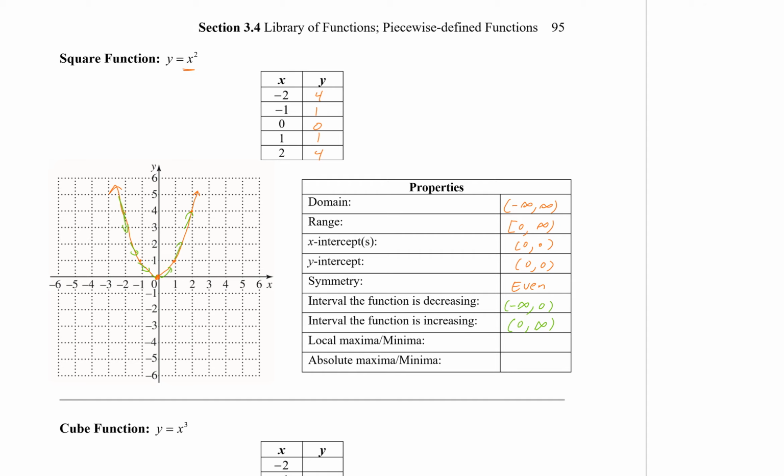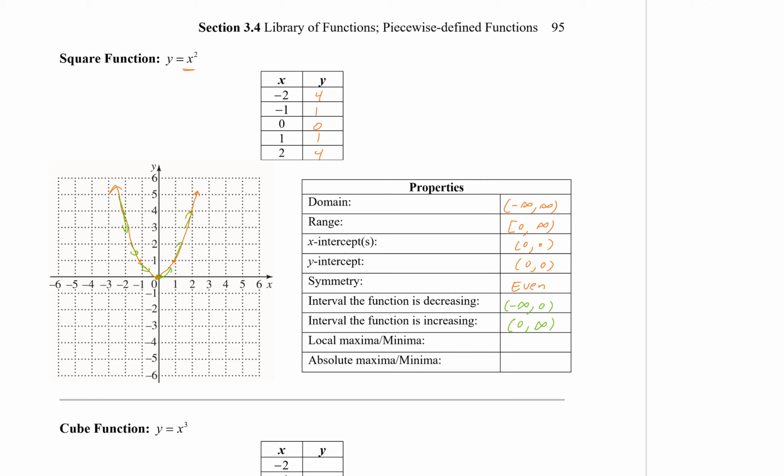Does it have a local min or max? Yes, it does. I'll just highlight what it has. It's only asking for local maximum, minimum.